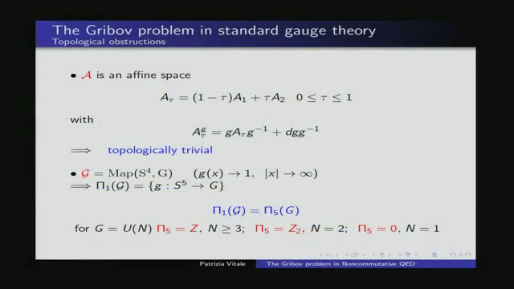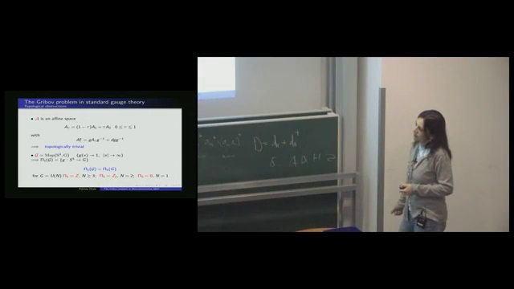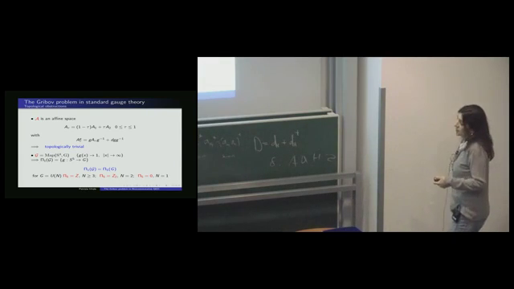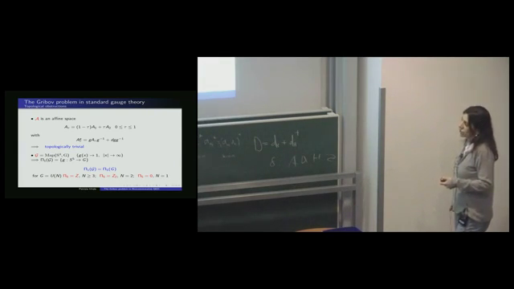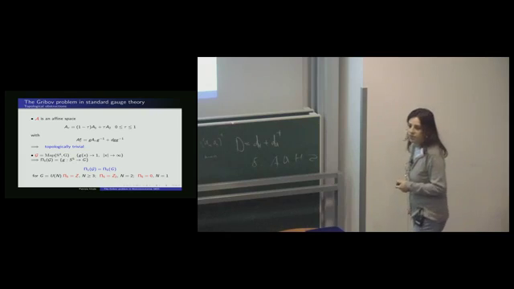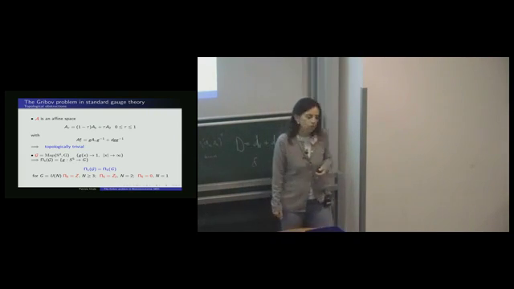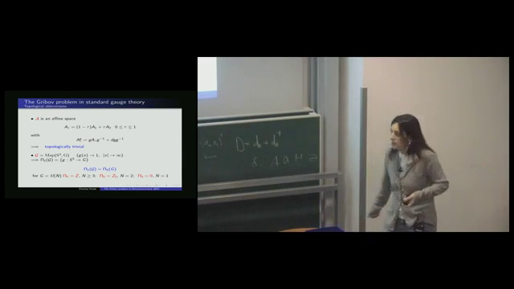And I have this situation here. When G is UN with n greater than 3, pi 5 is known, and it is Z, so non-trivial. It is Z2 when I have U2, so it is non-trivial. It is only trivial when n equals 1, namely U1. So only for QED.